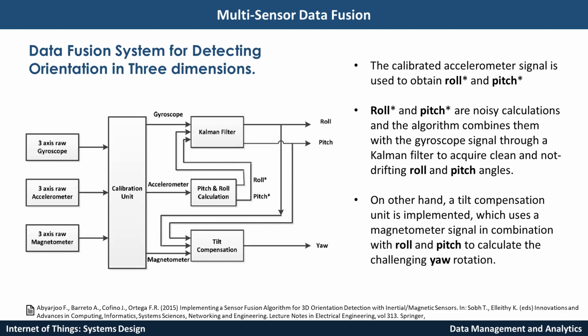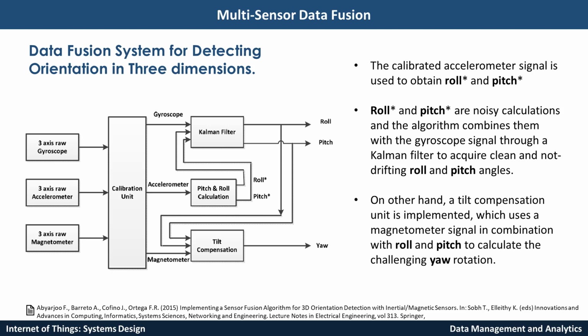So this diagram summarizes their fusion algorithm, or the fusion system. You can look into the details and the different equations they use to do these calculations, which I'm not going to discuss here. But what they have done is they have used the calibrated accelerometer signal to obtain the roll and the pitch. Roll and pitch are noisy calculations, and the algorithm combines them with the gyroscope signal through a Kalman filter to acquire clean and non-drifting roll and pitch angles.